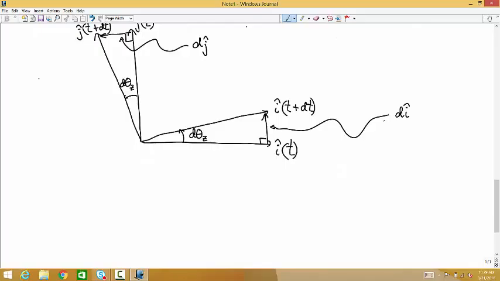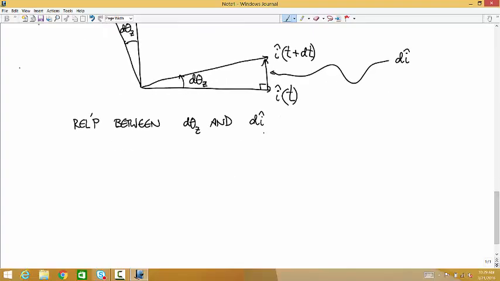Okay, so let's figure out the relationship between d theta z and di. Well, this is a coordinate system. These are coordinate axes, so the length of this and this and this, they're all equal to 1, right?